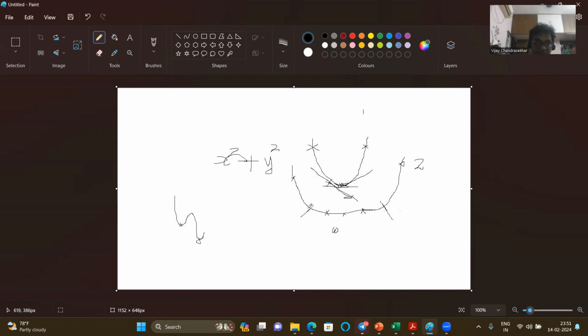Because here, as you go down that valley, it gets very, very flat. But that doesn't mean it is perfectly flat. This is still a convex function. Let's be very, very clear. 1 is a convex function, 2 is also a convex function. But the only difference is in case of 2, it gets extremely flat before you reach the lowest point.